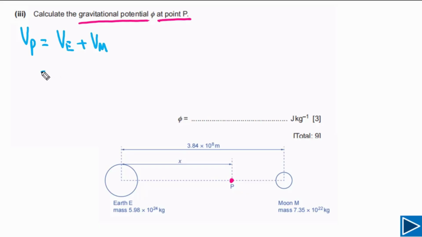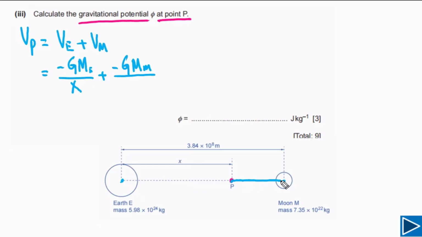Now the next thing is how we can find the potential due to our planet at this point. That will be equal to negative G times the mass of our planet divided by the distance from the center of our planet to that point, which is x, plus the potential due to the moon at that point. That will be negative G times the mass of the moon divided by the distance from the center of the moon to that point.